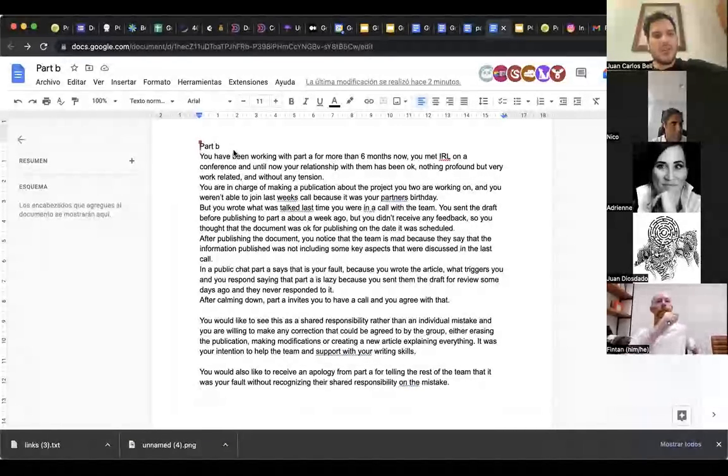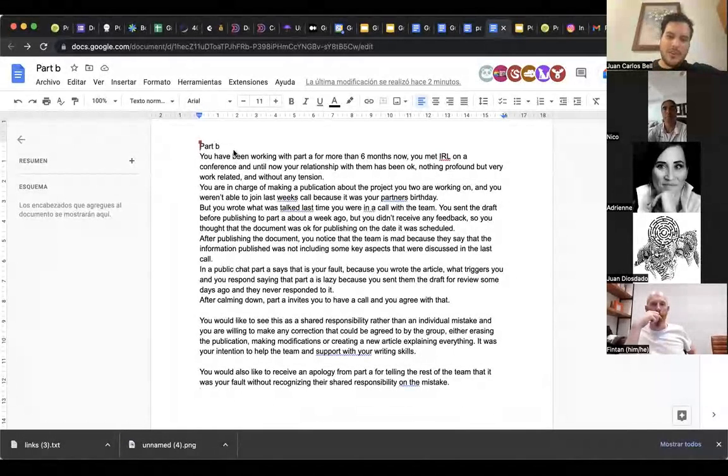You would like to see this as a shared responsibility rather than an individual mistake, and you are willing to make any correction that could be agreed to by the group, either erasing the publication, making modifications, or creating a new article explaining everything. It was your intention to help the team and support with your writing skills. You would also like to receive an apology from part A for telling the rest of the team that it was your fault without recognizing the shared responsibility and the mistake.